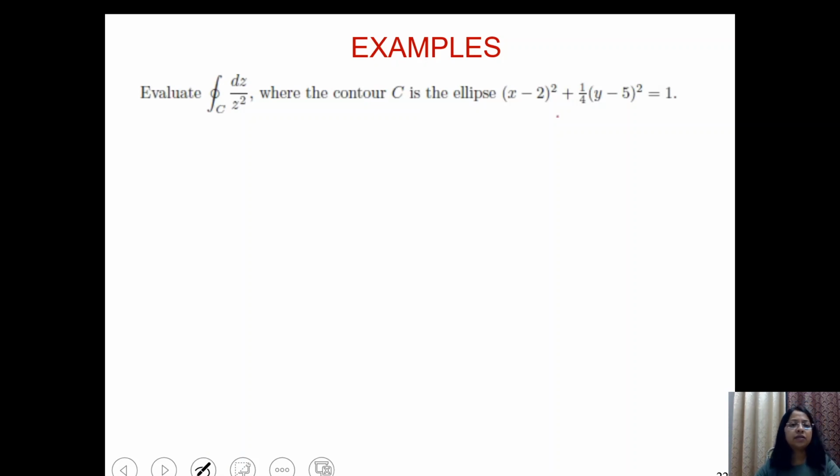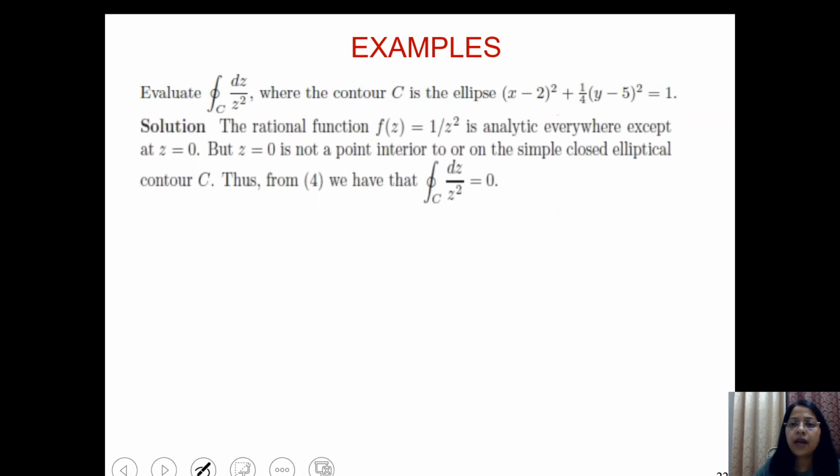Here, the integral of 1 by z square dz, where C is an ellipse centered at 2 comma something; accordingly we can adjust the center. Here we have to use one of the theorems.